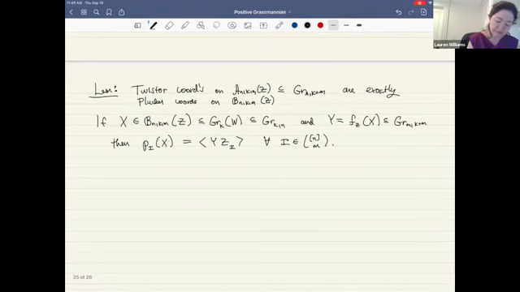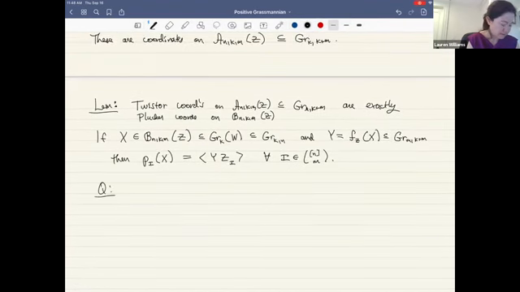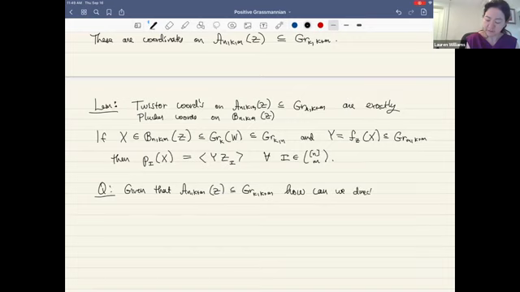So the question is, given that the amplituhedron lies inside here, how can we directly describe it over here?